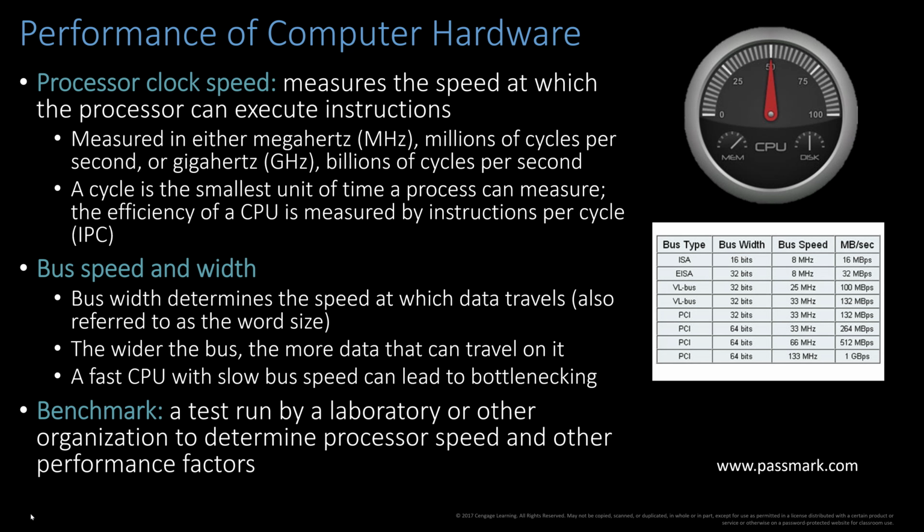Each time that beat happens in a 64-bit processor, it's going to be able to process 64 bits. Now if we take that to megahertz, we're talking about millions of cycles per second. A 1 megahertz processor will process 1,000,000 cycles, 64 bits at a time, or 64 million bits per second.